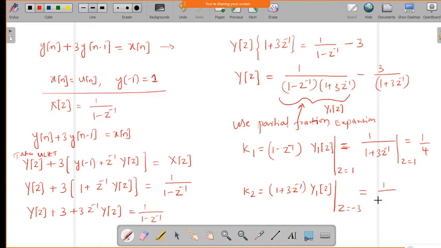This is nothing but 1 over 1 minus z inverse at z equal to minus 3, which is equal to 1 over 1 plus 1 by 3, which is equal to 3 by 4. Is it 3 by 4? Yeah, so now you put the values of this one and you will get the y of z.